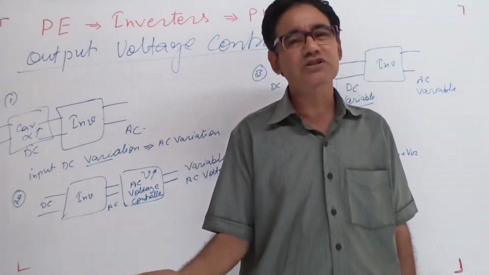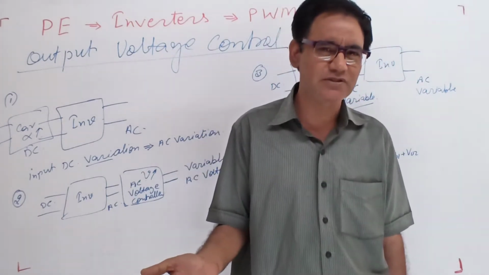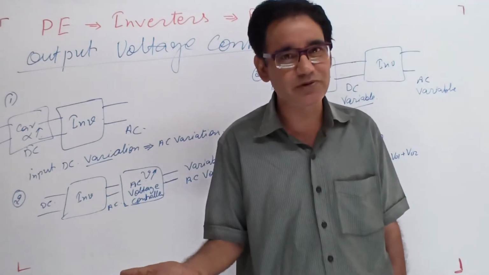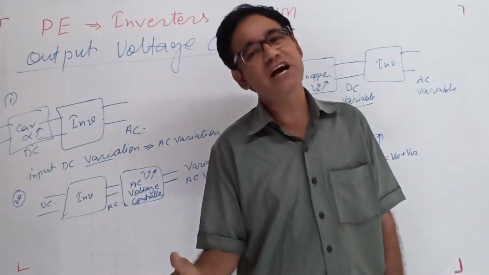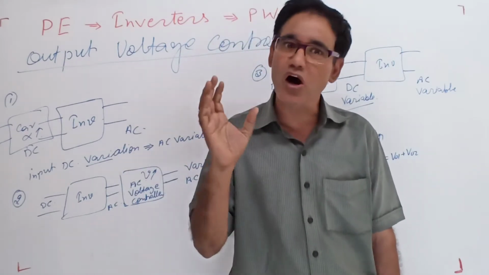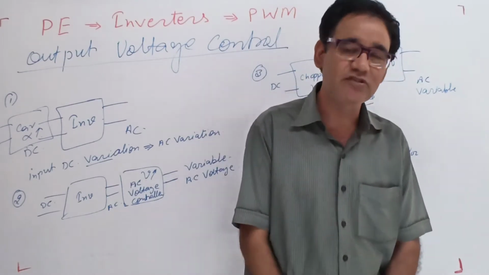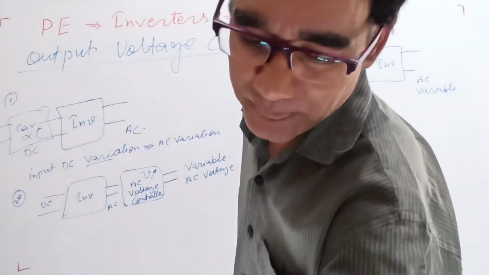So there is a cost and filtering. Unnecessary loss of power also takes place. So the heating and loss of power. So these techniques, the external control techniques, are not good techniques to control the output voltage of the inverters.